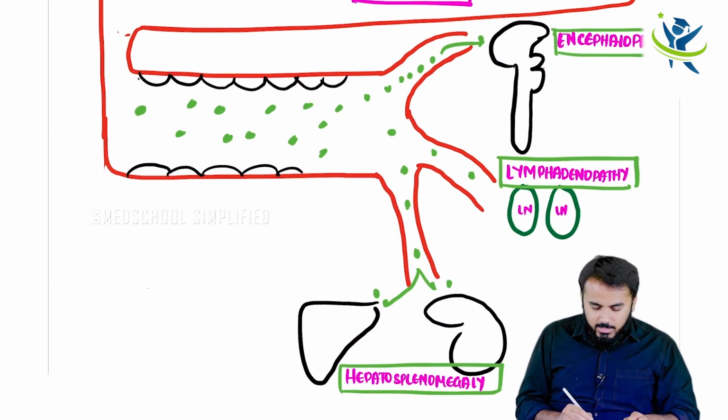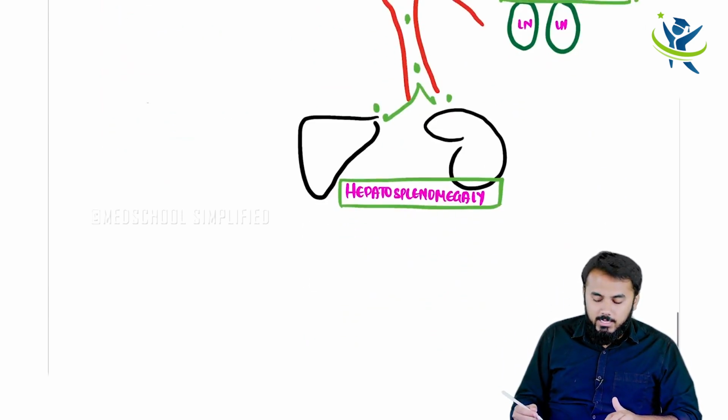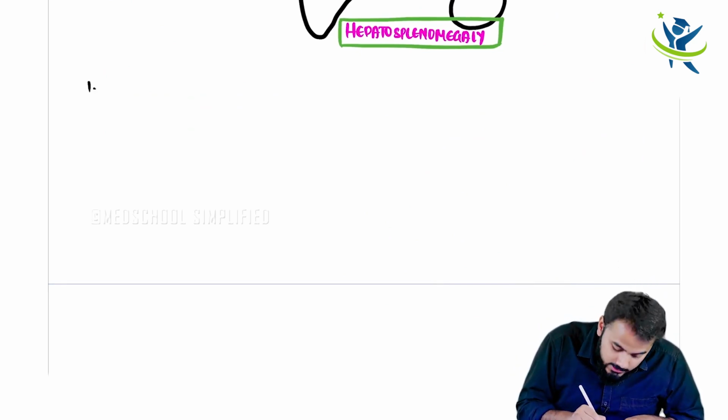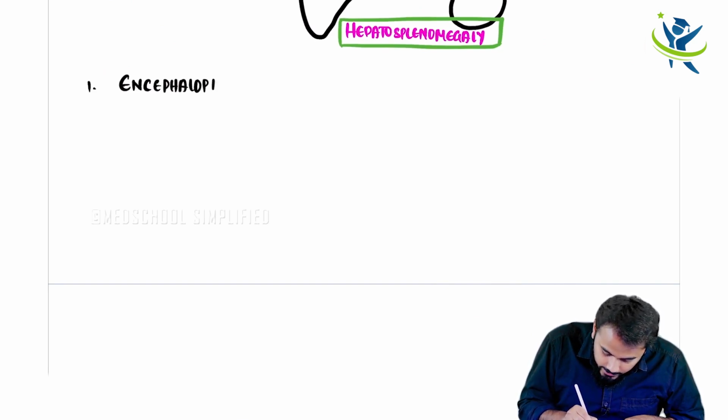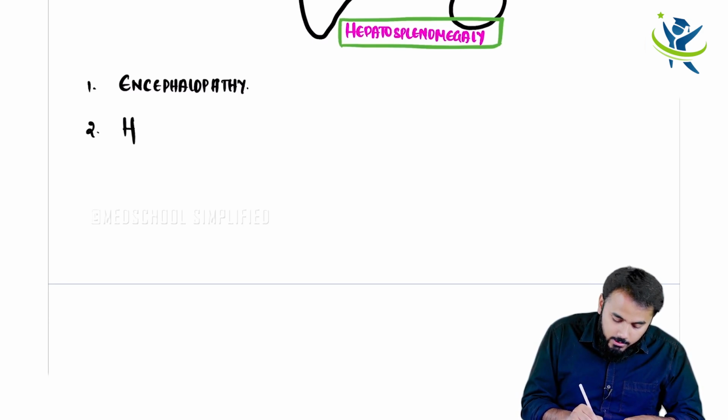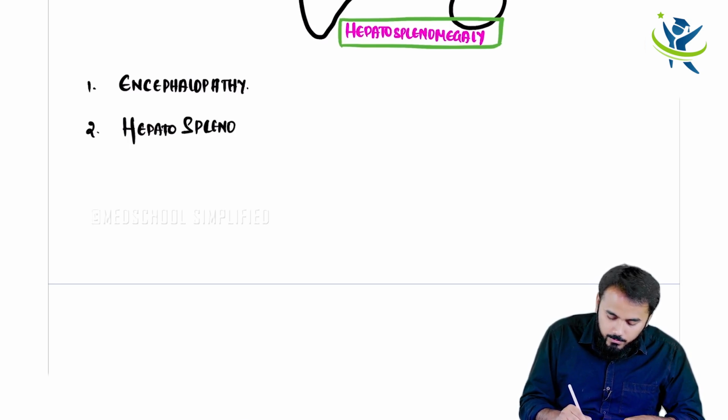So can I list them out, guys? It will be very easy for you. What are the conditions that are associated? The first condition, all of you know, is encephalopathy. The second condition is hepatosplenomegaly.